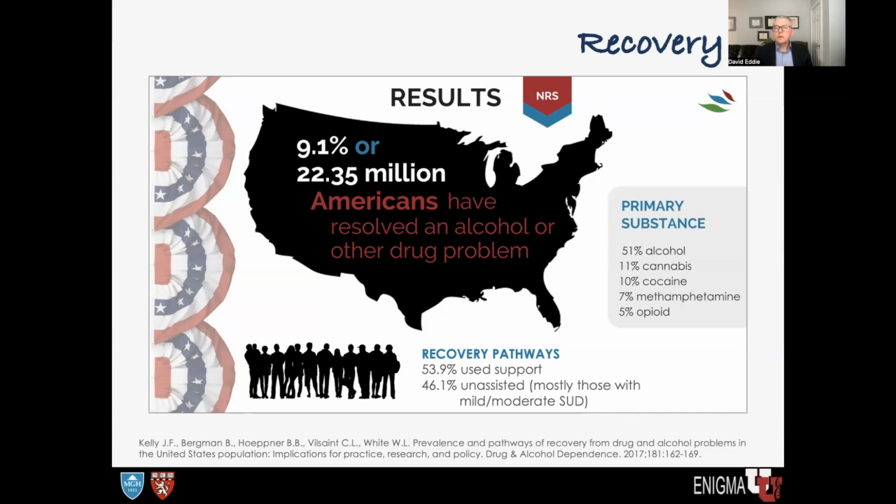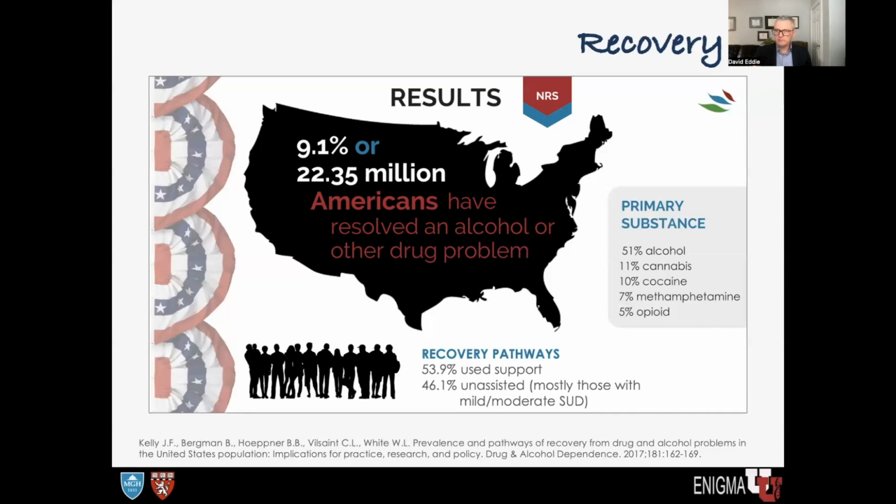Now, it's interesting, if you look at the bottom of this slide here, where we describe recovery pathways that people use, 54% use some kind of support, but 46% recovered without any help. This is something we sometimes call in the literature naturalistic recovery, or natural recovery. These were mostly folks in this sample who had mild to moderate SUD symptomatology.